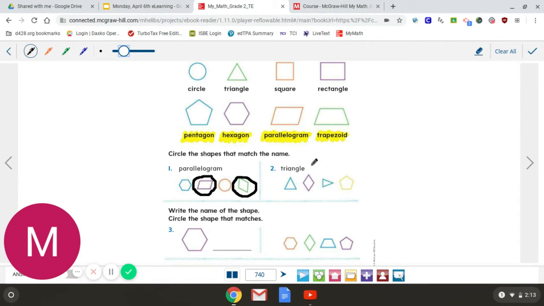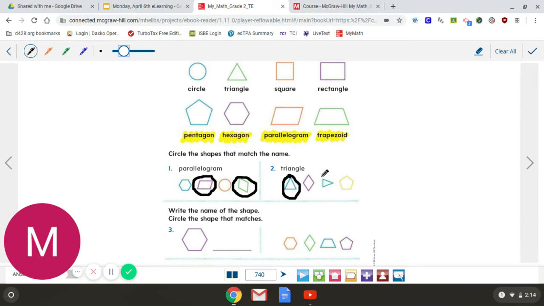Now for number 2, let's take a look. We're looking for triangles. Now this first one has 1, 2, 3 sides. This means that this is a triangle, which is probably the one we're most familiar with. This one over here, this is a diamond shape. So this, or a parallelogram, it could be. So this is not our triangle.